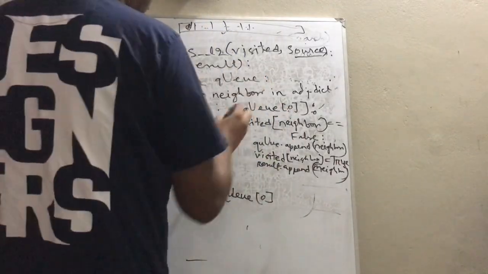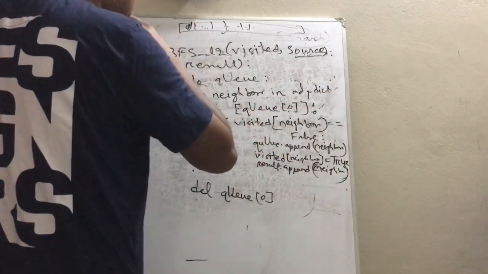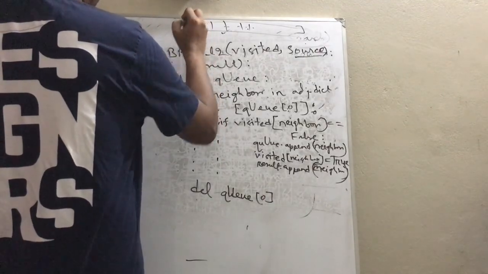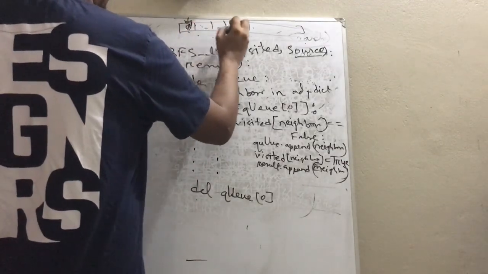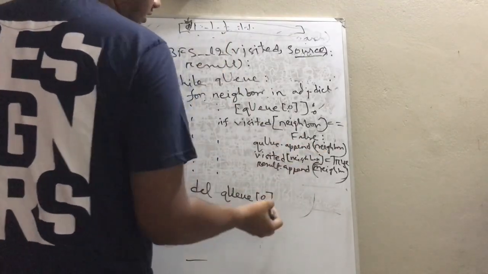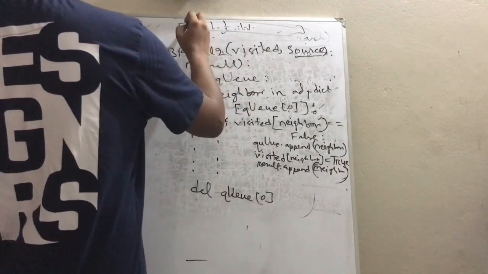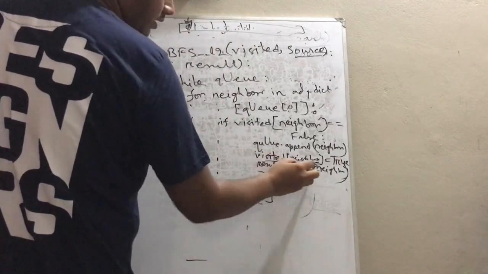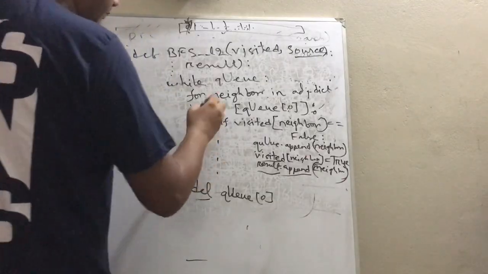So while Q, for neighbor in adjacency dictionary of Q0, that means this is the first element or 0th element. We append all its neighbors: if visited, we ignore it, and if not visited, we append to the Q. When the neighbors are all visited and the result is appended, we delete it. How long does this process go on?